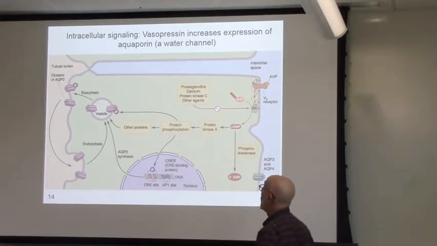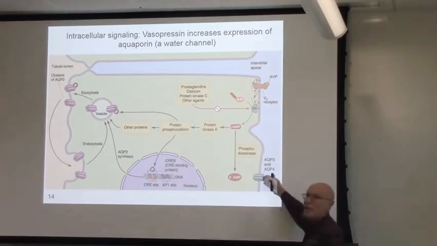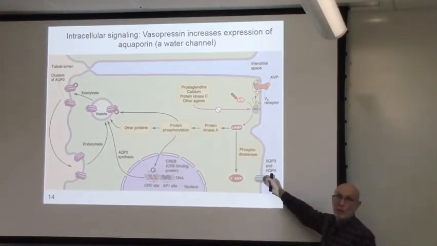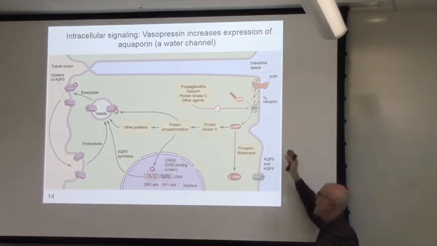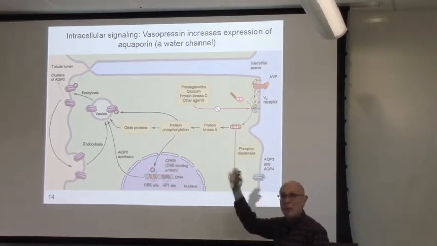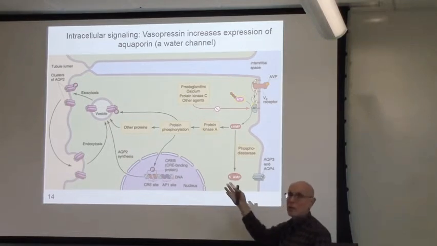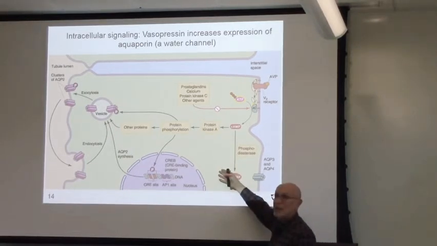So now we have water permeability, more aquaporins. And so we now have made a vasopressin-dependent increase in water permeability in the collecting tubule epithelial cell.